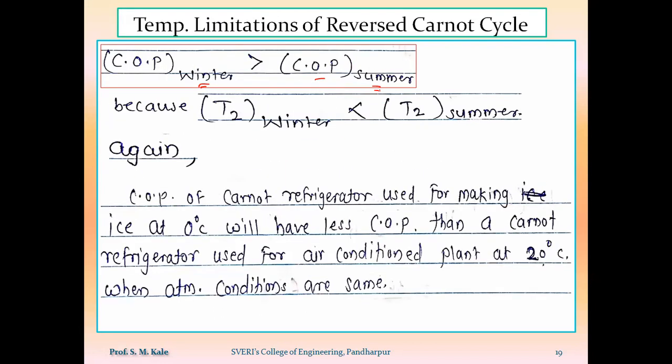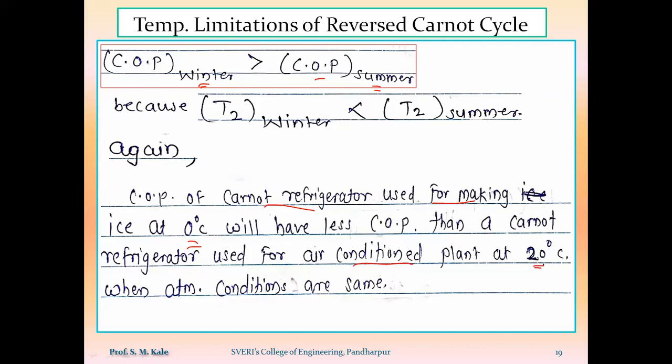If I'm using the air conditioner, and suppose the application is the same. Or here, another example: if I'm considering the COP of a Carnot refrigerator which is used for making ice at 0 degree centigrade, and another example is a refrigerator used in an air conditioning plant to maintain 20 degree centigrade.